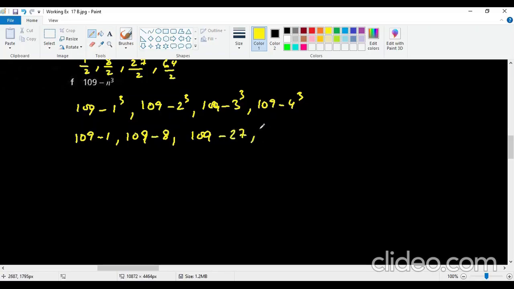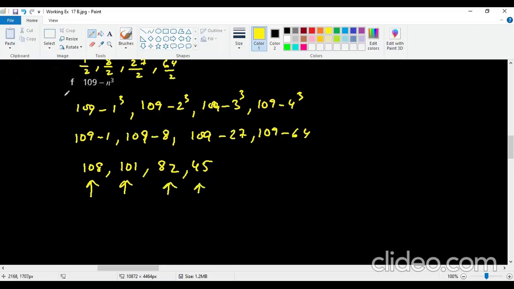So first one is going to give you 108, in here this is going to be 101, and then 109 minus 27 is going to give you an 82, and 109 minus 64 is going to give you a 45. So this is the first term, second term, third term, and fourth term of this.